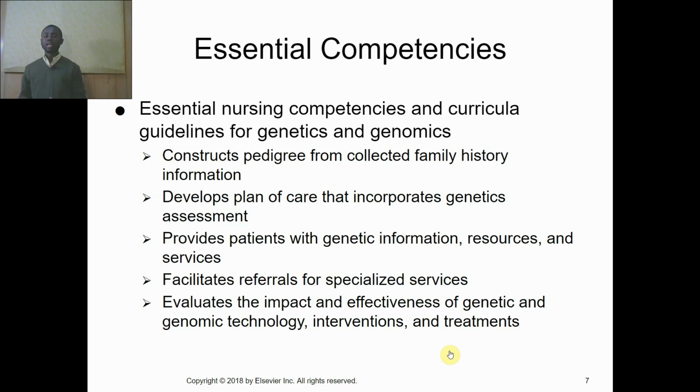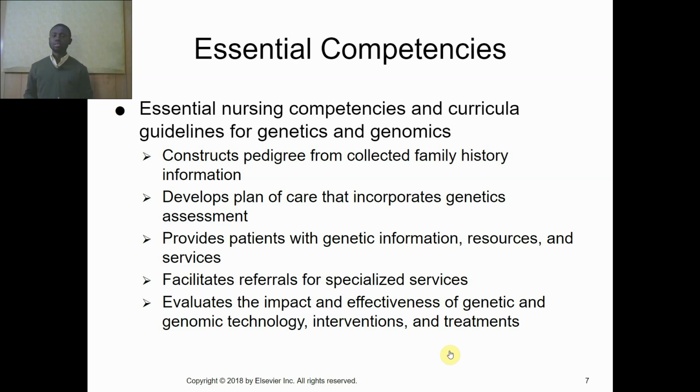So in the hospital, it is recommended that with every admission you get the genetic history of that particular patient or client, so you can piece together to know exactly what the risk for this individual is, so you can begin educating the client.